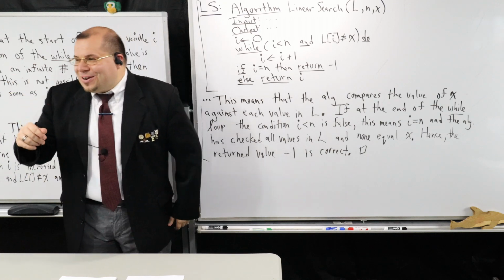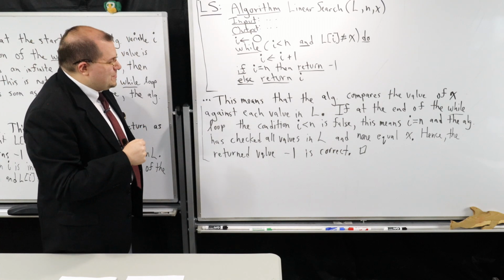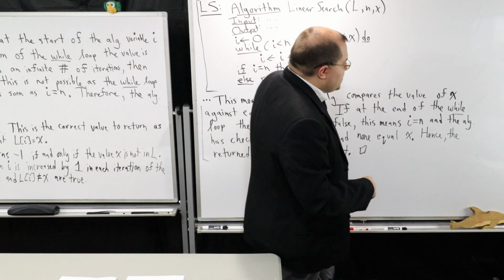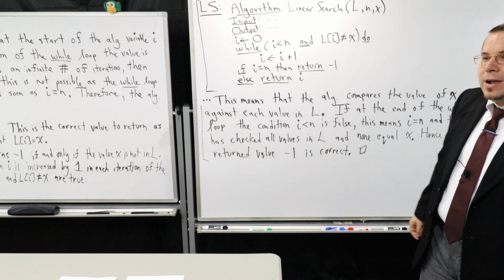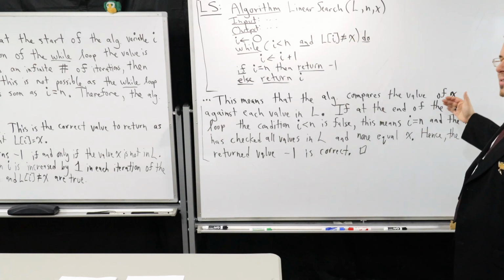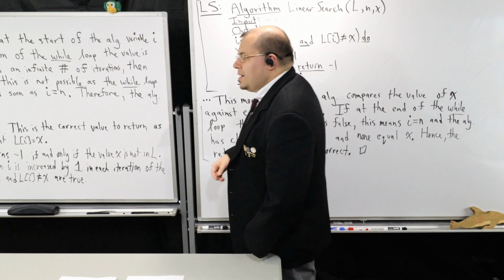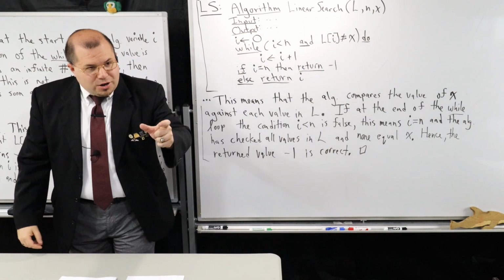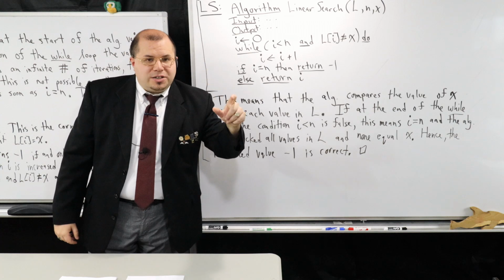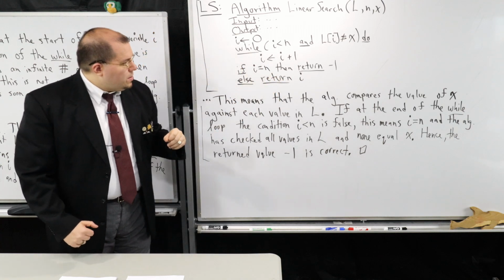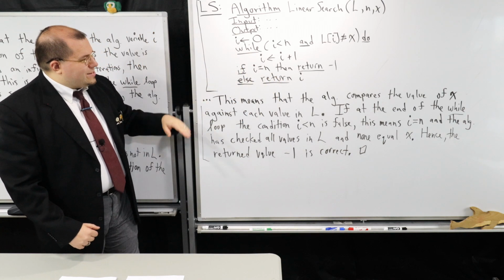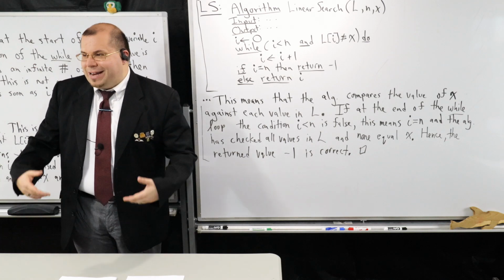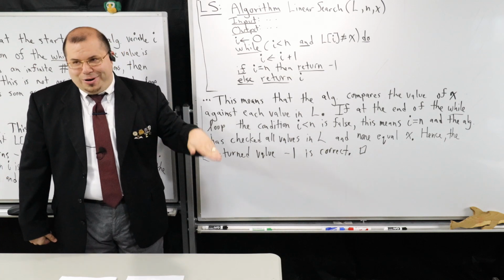Okay. Regardless, let's continue here. That means that when the algorithm compares a value x with some elements in L, it has to do it each time, right? It goes from left to right from each position. So the algorithm is going to compare x against each value in L, right? That's what the while loop is going to do.